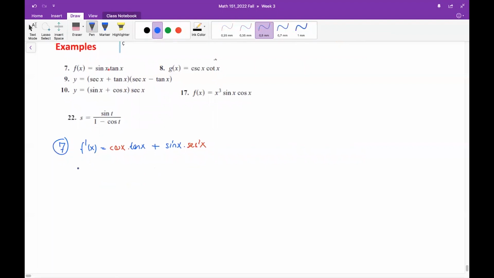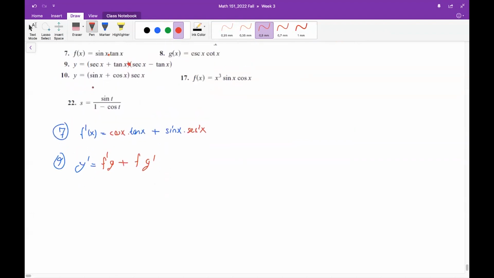Let's also compute 9. Okay, so y prime is given as, this is also another product for which you need to apply the product rule to take the derivative. Look at the first function. Let's try to differentiate this function now. Okay, so we are doing f prime times g plus f times g prime.